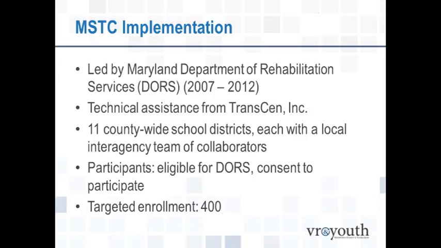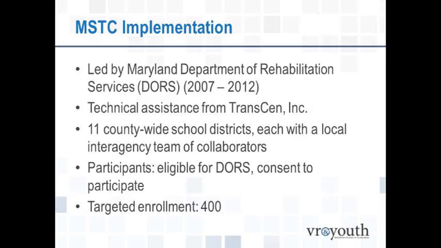In Maryland, each county functions as a school district, so each county constitutes one school district in the state. There are a total of 24 counties. So 11 counties participated in this model, which means almost half of the counties in the state participated during this demonstration.